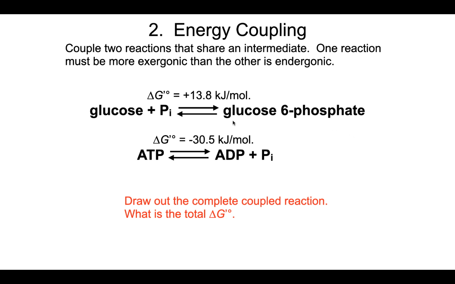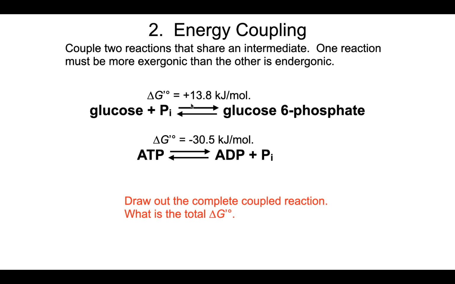The way that works is you take a reaction that is endergonic, and you couple it to a reaction that is more exergonic than this reaction is endergonic. So let's couple this reaction, okay?